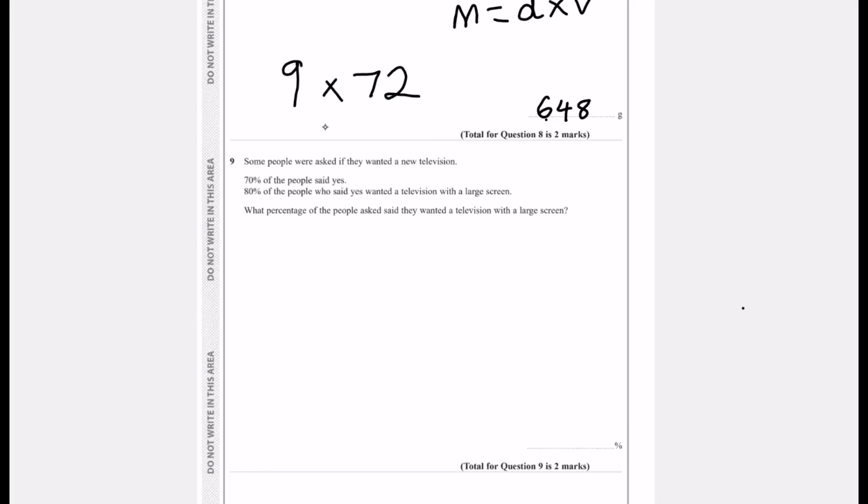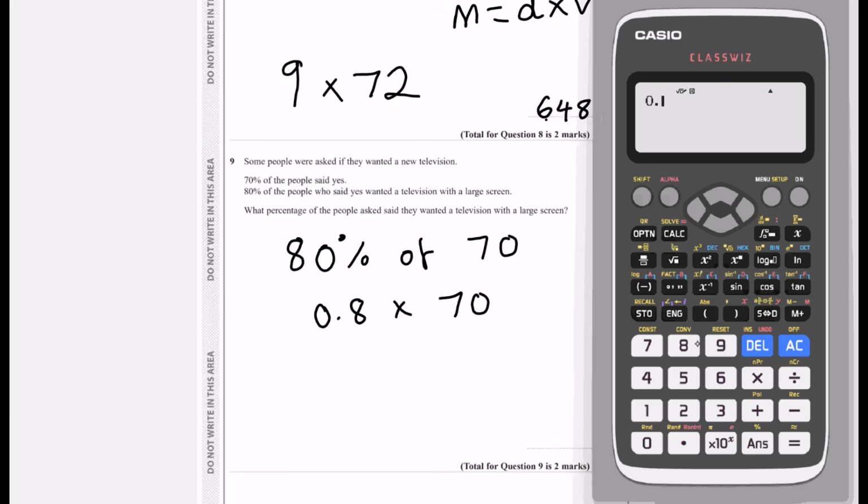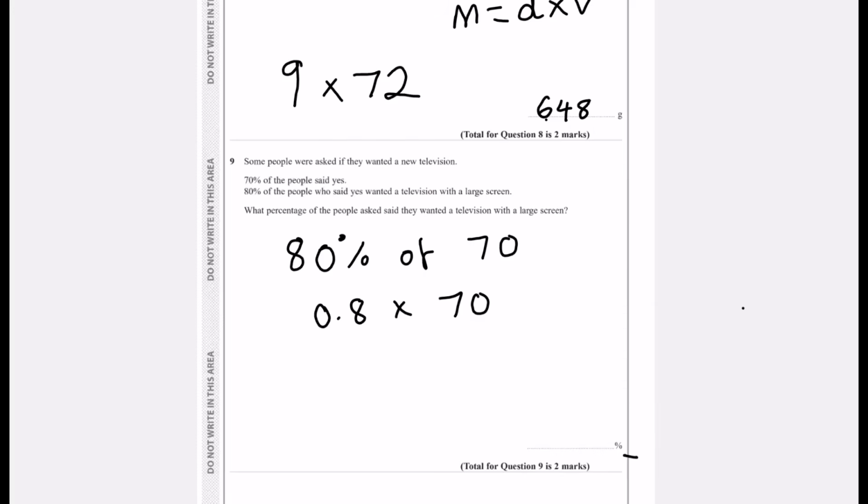So we want 80% of 70. So 0.8 times 70. So of is times, 80% as a decimal is 0.8. So 0.8 times 70 is 56.